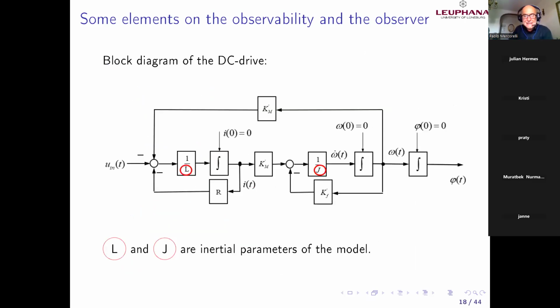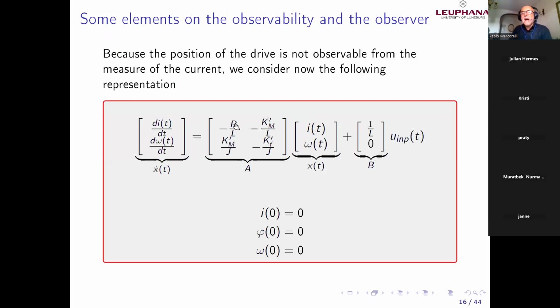Let me show you what I intend here. R, L, K, M, J do not change over time. If they change, we are speaking about a time variant system, because about linearity I already told you. If the parameters which characterize the system physically cannot change in the model, really, they change.